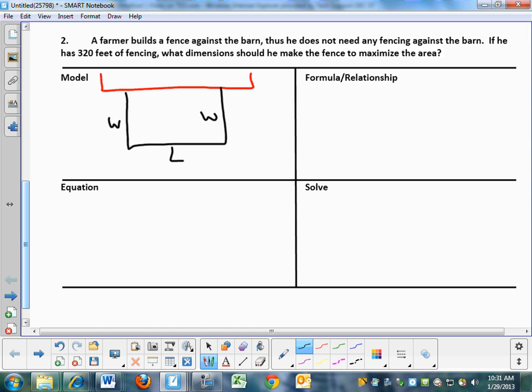And so, again, we have this formula. What is it that we're trying to maximize? Area. So that's what I write my equation for. Area in terms of W is equal to, what? We don't know W yet. I'm sorry. Area is equal to my length times my width. Can somebody give me an expression that relates length and width other than area?